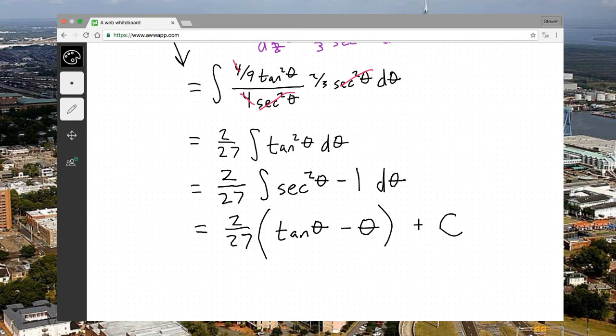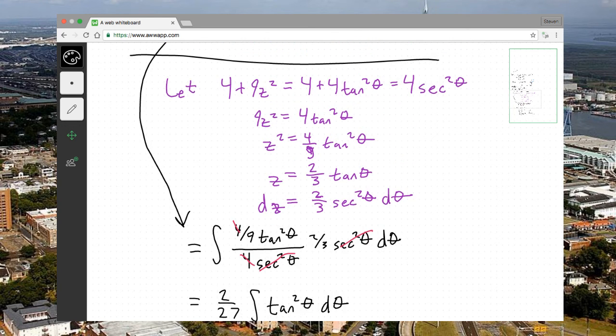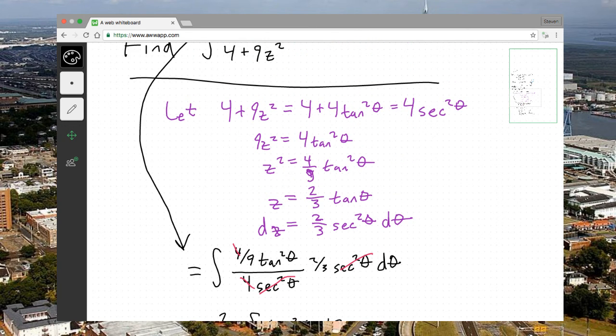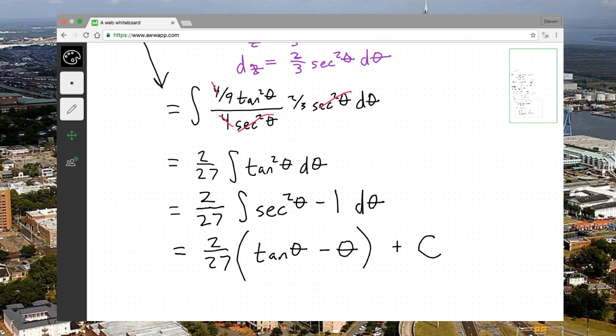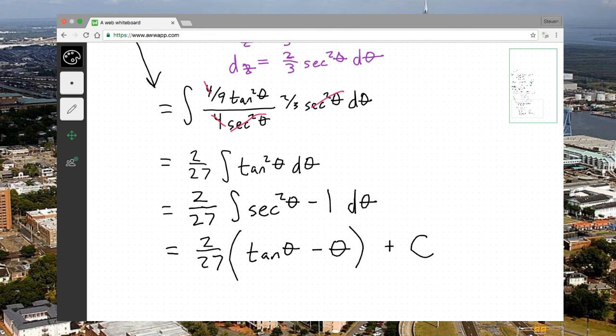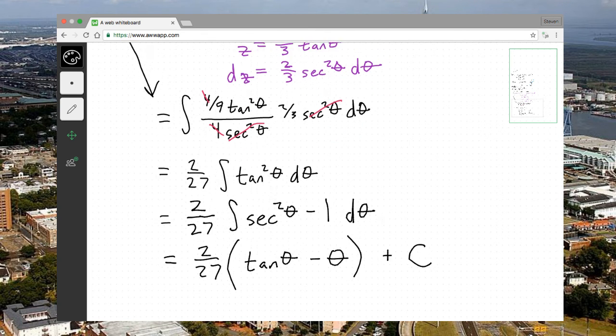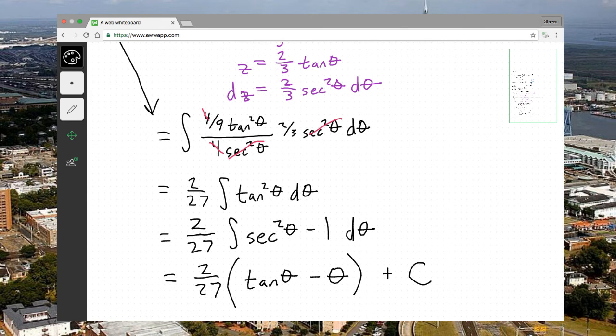Now, it's tempting to just put a box around this, call this the final answer, but remember, theta is something that I made up. Up here, we see that I let z equal 2/3 tangent of theta. So, in order to get rid of these tangent of theta and theta terms, I will need to do a little bit more work back up here in my substitution.